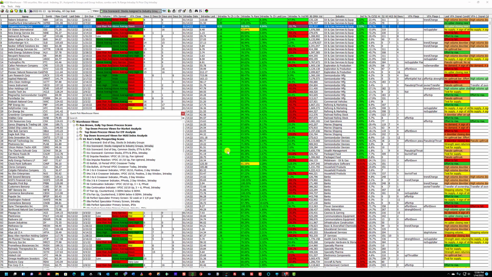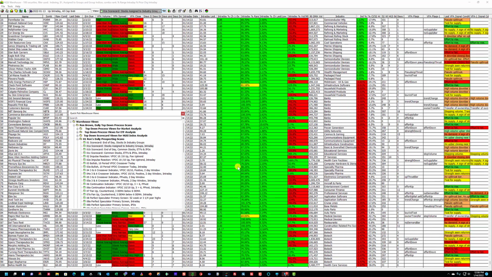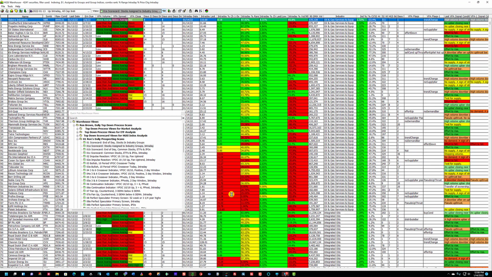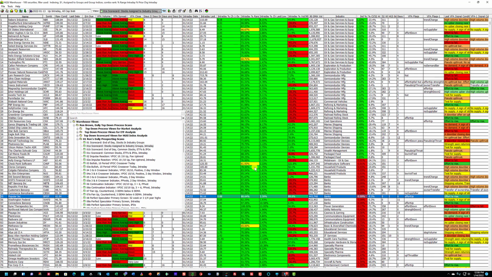I better restate that. These groups are going up and the stocks are going up, but there are also many stocks in groups that are not going up, but the stocks are going up, and they're doing quite well. So these are powerful scans to find out where the strength is intraday.